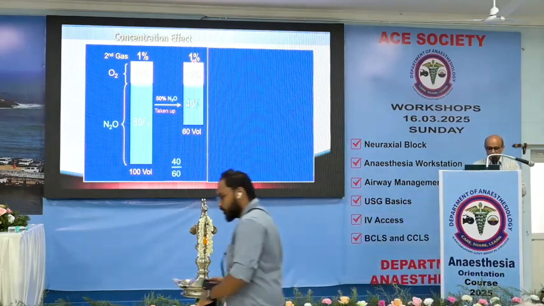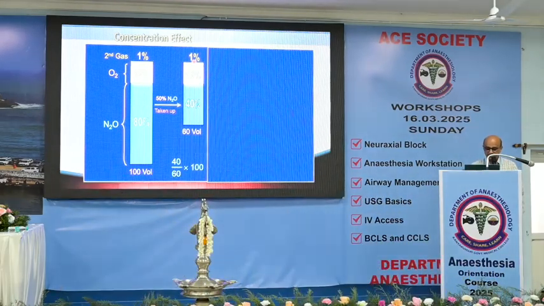Now, 40 divided by 60 times 100, you will find that the nitrous oxide concentration, which was actually 80%, has now become 67.7% in that reduced alveolar volume. What happens to the oxygen?